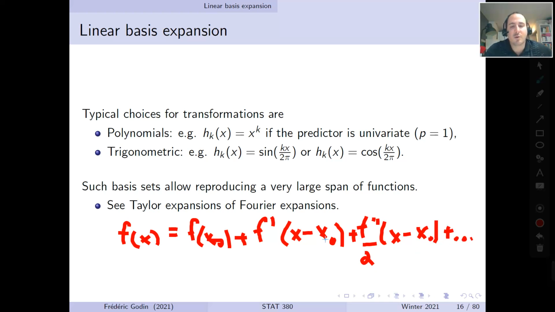Okay, so you see that for a Taylor expansion, you can represent many functions as a polynomial of infinite degree.